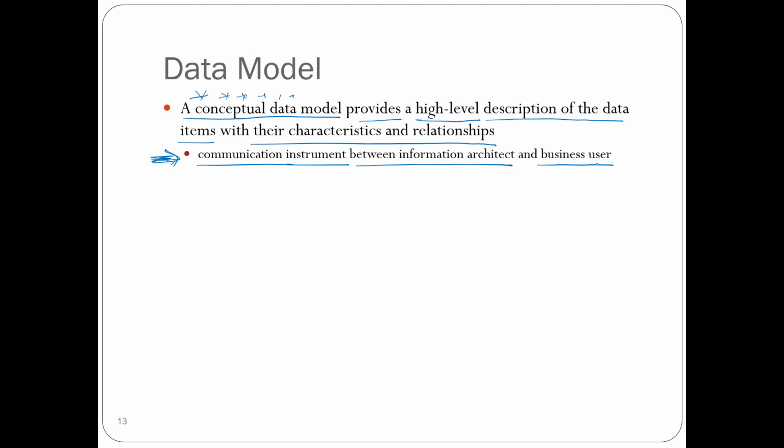In the next lecture, which is part two of this lecture, I will discuss the different kinds of database users, and there you will learn about the information architect and business user. But I can give you some background here. A business user is a client for which you are building the database.